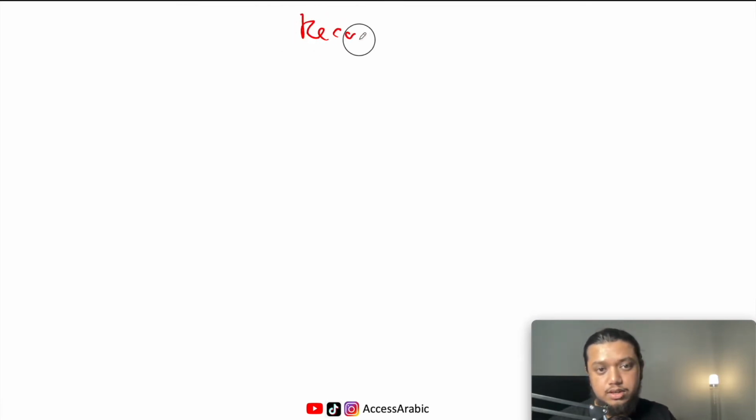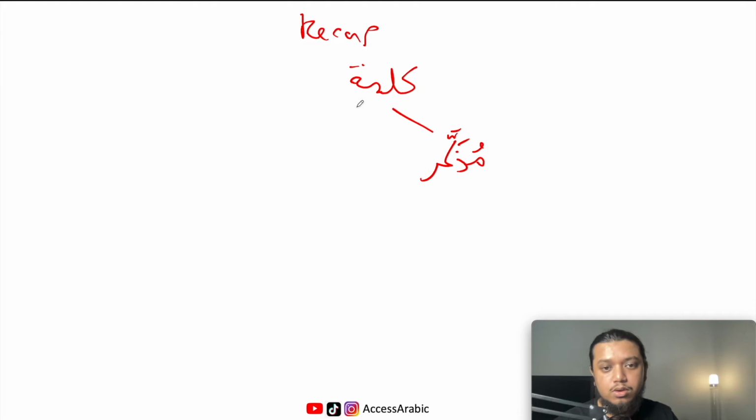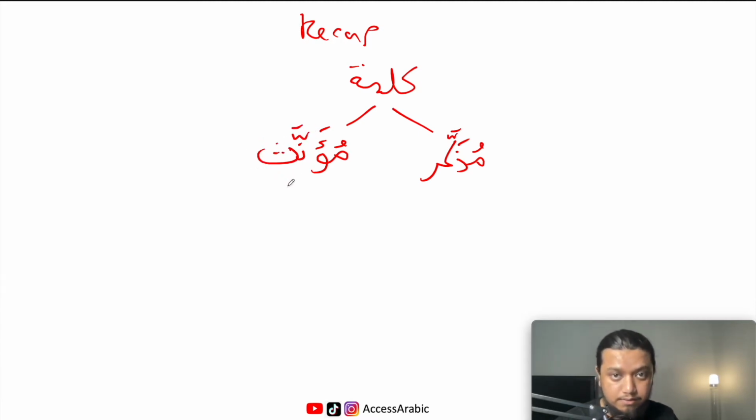So just for a recap, in Arabic, words are of two types. So remember, kalima means word. A kalima can be mudhakkar, which means masculine, or it can be mu'annath, which means feminine.